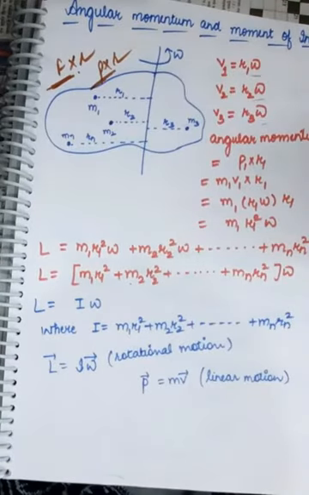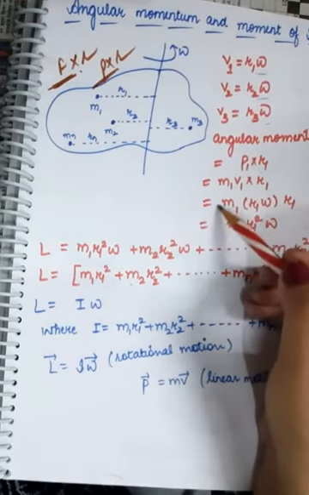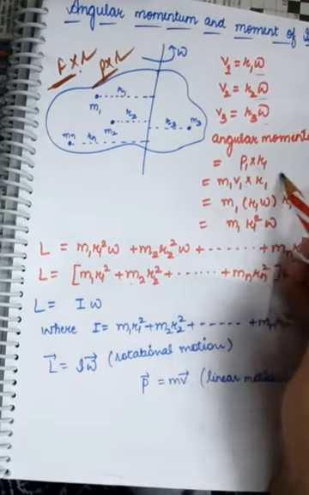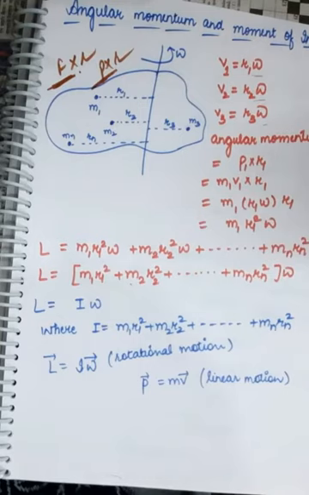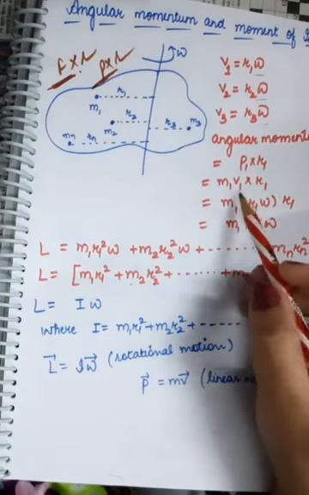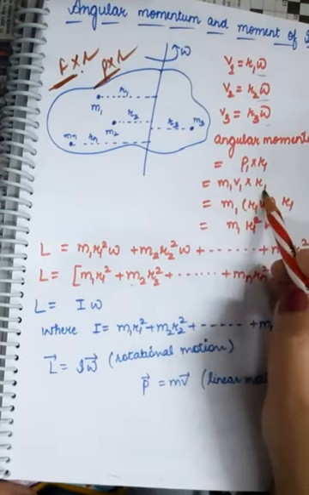Now, this is something we are calculating for the first particle, P1 cross R1. P1 is the linear momentum for the first particle. What will be its value? Its value will be M1 V1. So the value is M1 V1 cross R1.